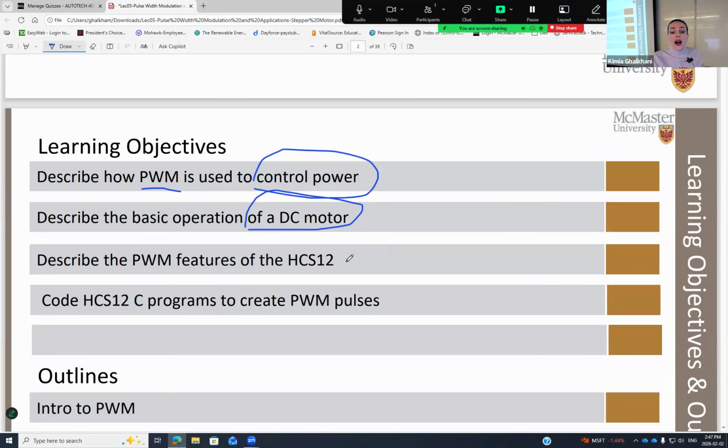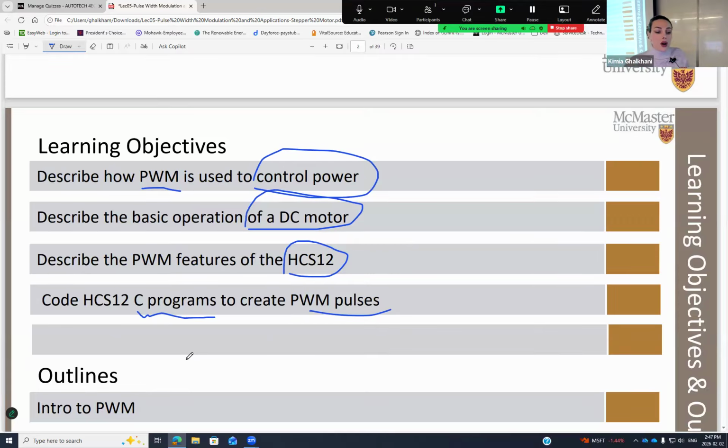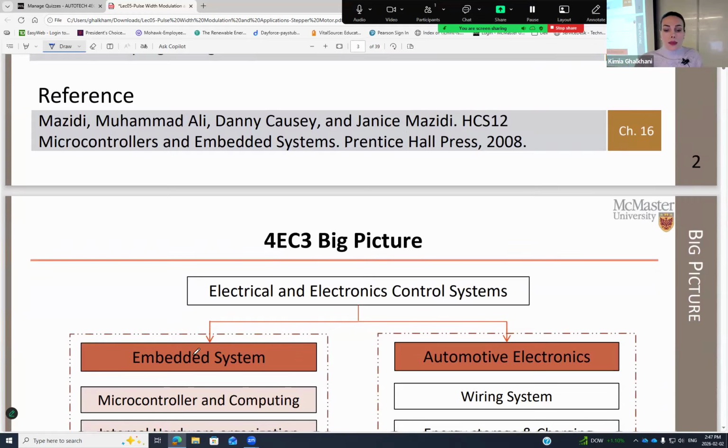And of course, how we are going to program it in HCS12, since we have certain keywords in the header file that we need to use. I'm going to show you some C programs, and then later during the lab time, the application of those C programs, how we can generate a pulse using the PWM method inside your C program.